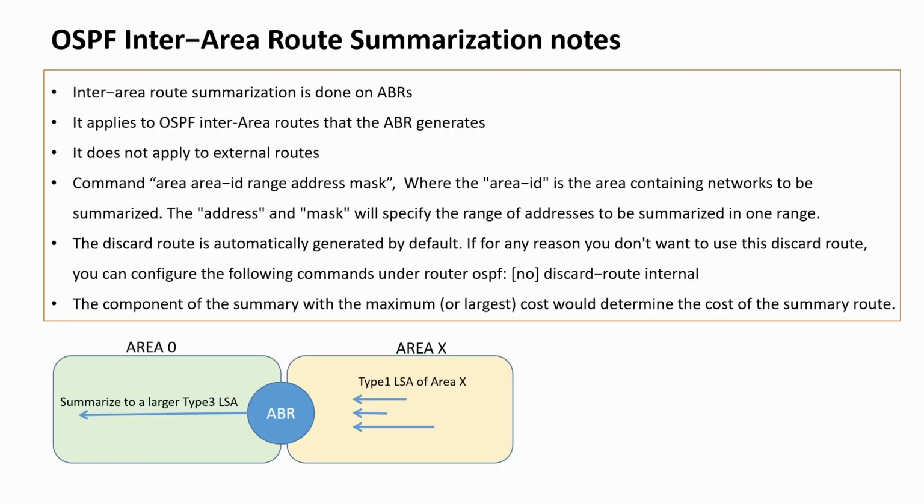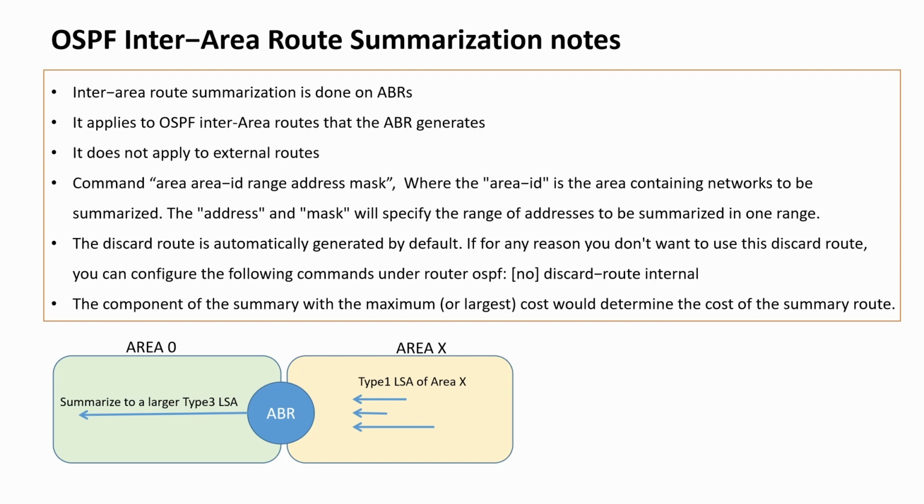Okay, so OSPF inter-area route summarization notes. Inter-area route summarization is done on the ABR. As the diagram shows, only the ABR can do the summarization for inter-area routes. Other routers cannot. Also, it applies to the OSPF inter-area routes that the ABR generates. It does not apply to external routes.